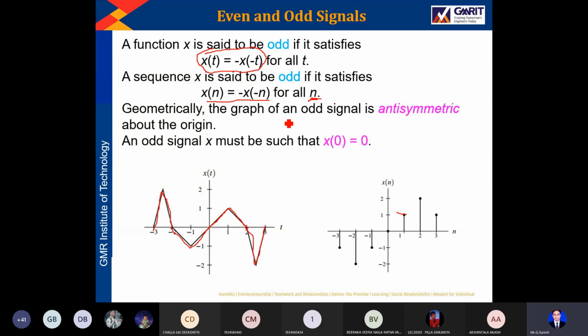So this is how you can define even and odd signals, and this type of signal is said to be an odd signal. Why do we require these things? We will be using these features while analyzing signals in a better manner.